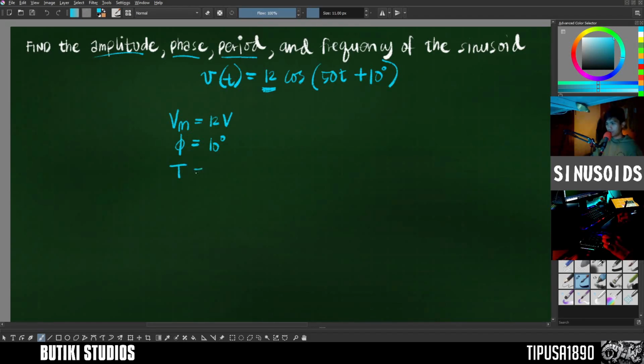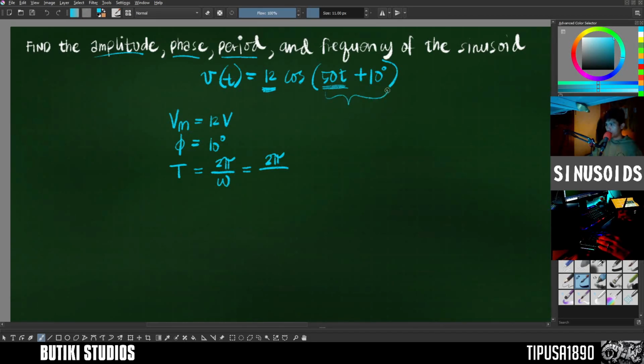The formula is 2 pi over omega. Basically these are all formulas. If you have memorized the formulas, the problem is easy to solve. So 2 pi is a constant. Your omega, let's find it here. Our omega there is 50.